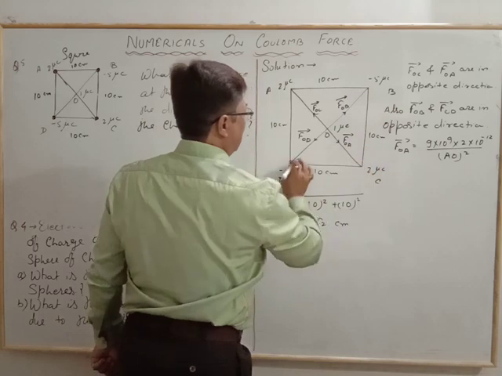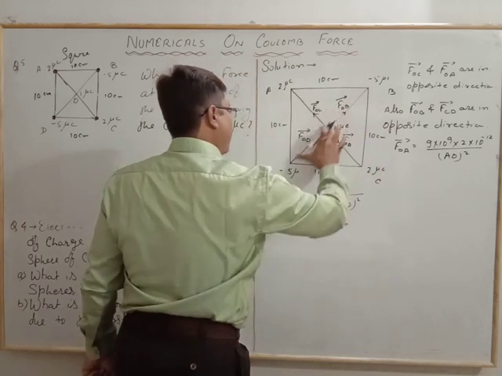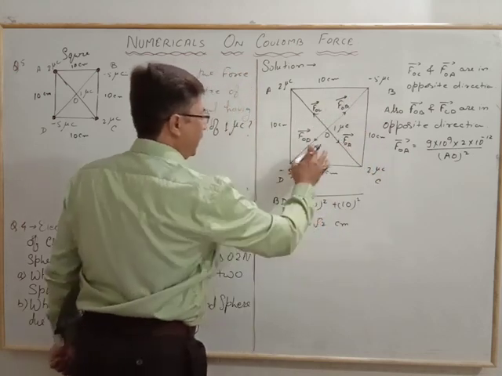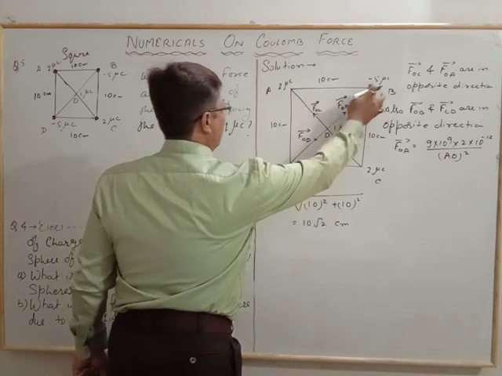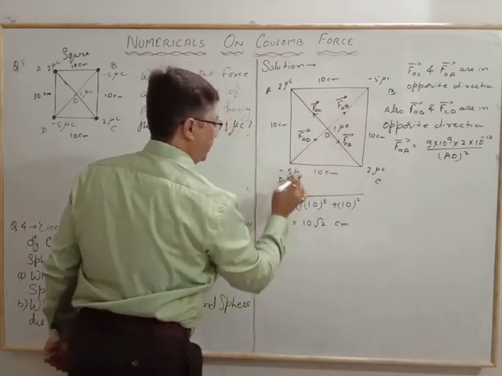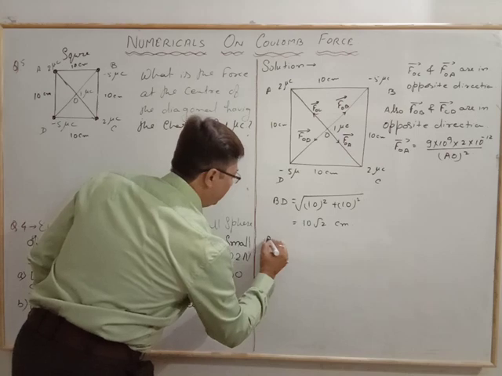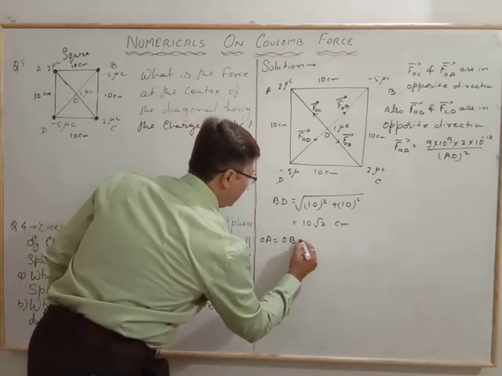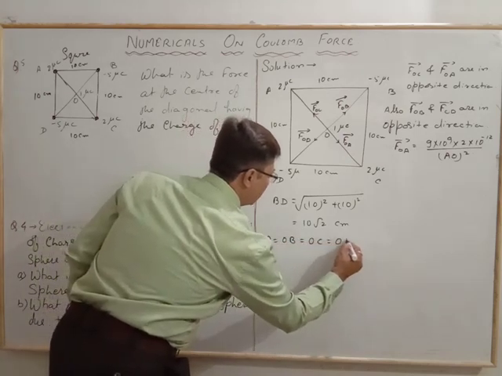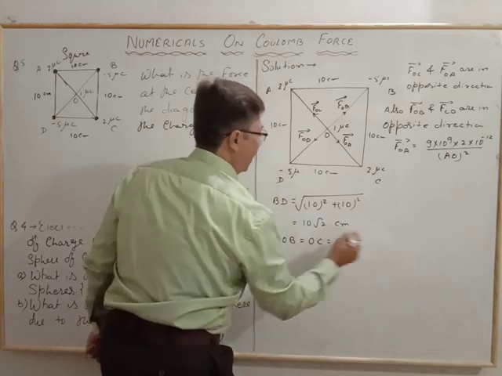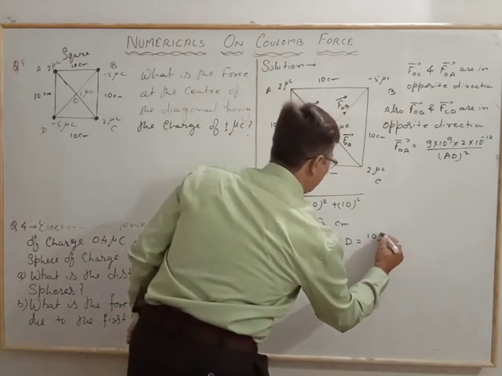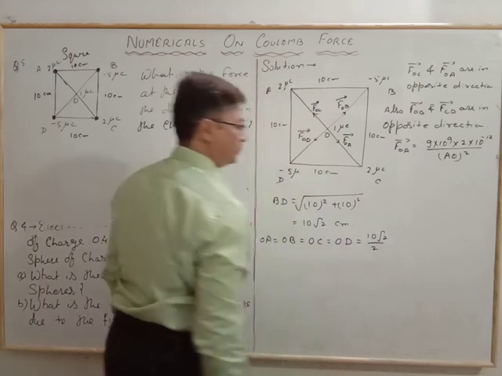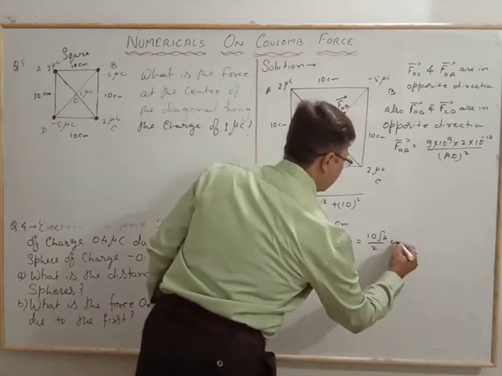Since it is a square, each half of the diagonal is equal. We can write that OA is equal to OB is equal to OC is equal to OD, which is half, that is 10 root 2 by 2 centimeter.